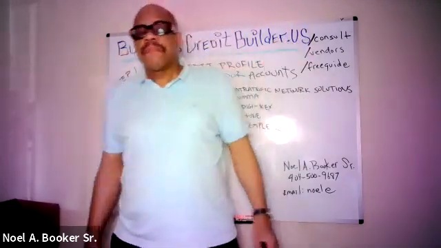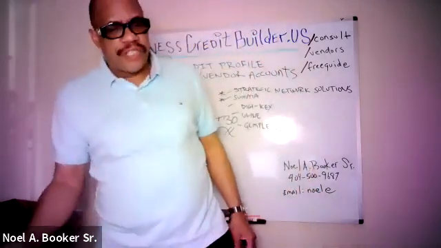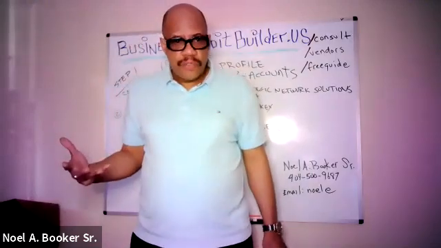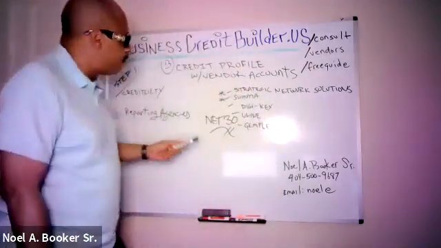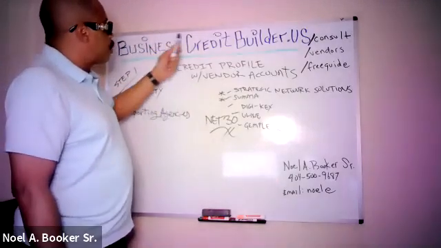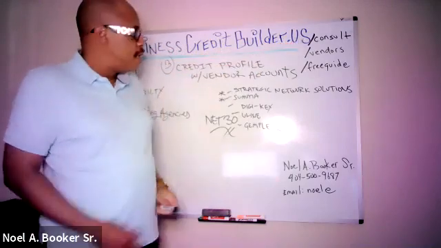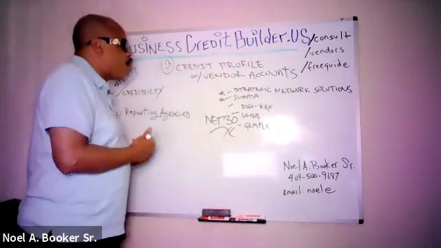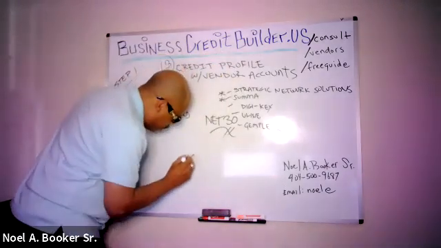Bam, right? But, so when I got my first account at Strategic Network Solutions, which you can find this information at businesscreditbuilder.us/vendors. Hold on, let me write it right here.